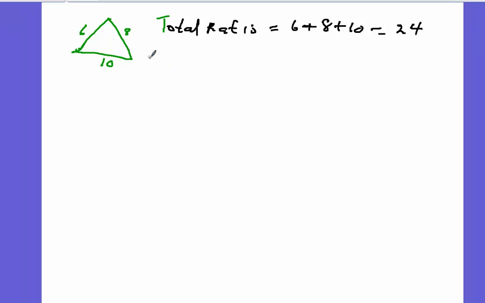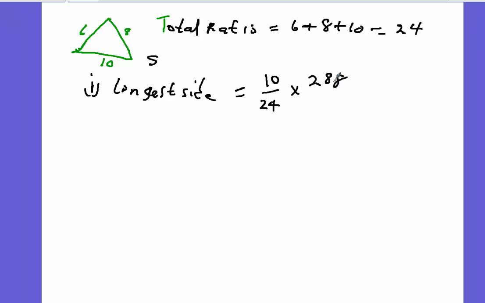Now for the longer side, the first question is the longest side. The longest side will have, of course, the higher ratio, which is 10 out of 24 times the perimeter. What is the perimeter? It is 288.